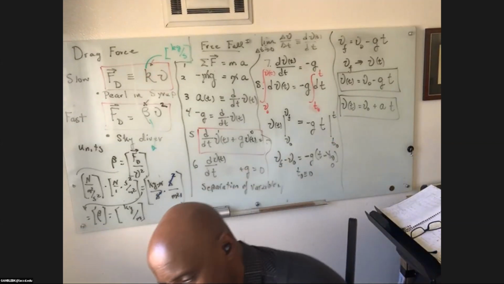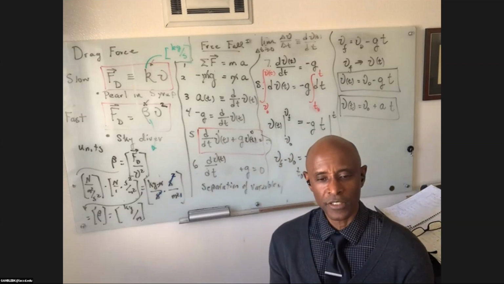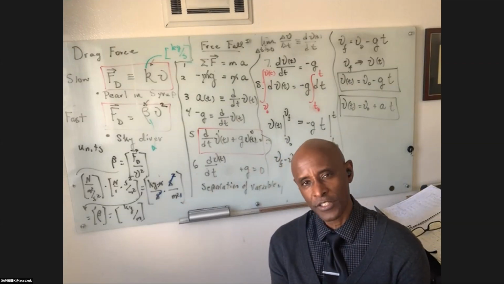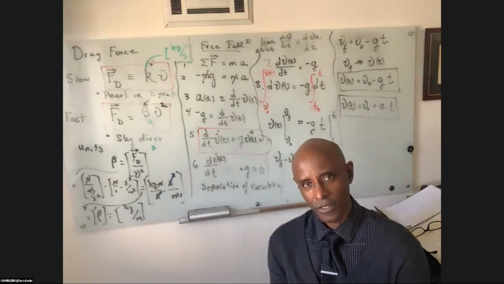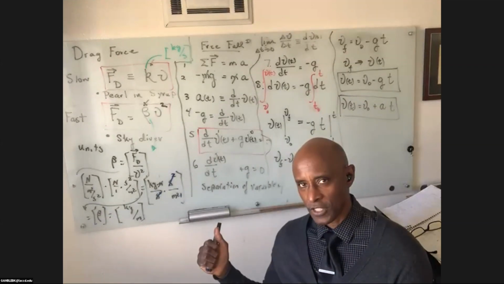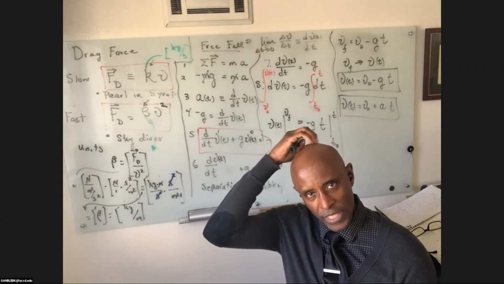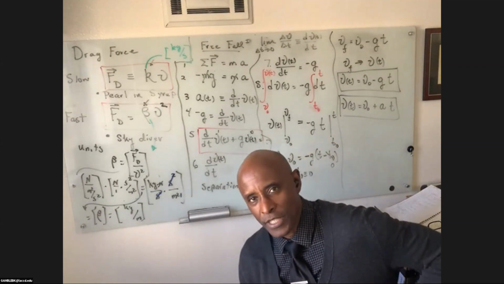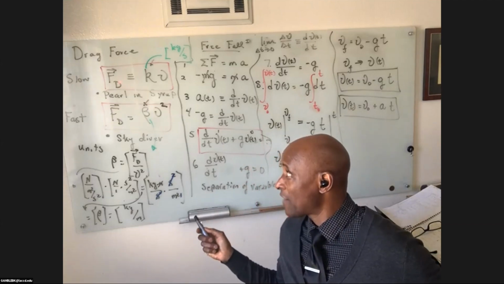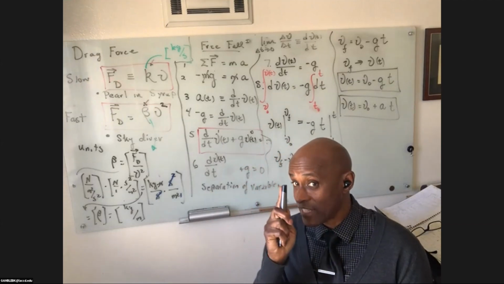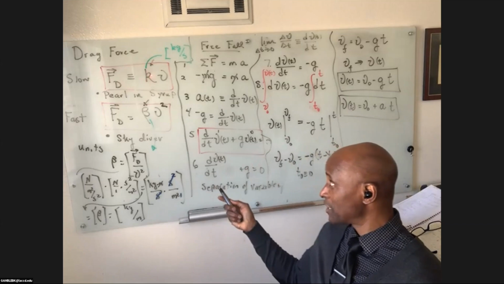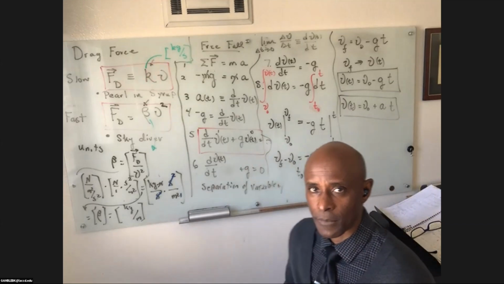What is the motion as the object falls? We know there's acceleration going on, but I'll give you a hint. Something is happening to the acceleration if we have a drag force that is not constant, but changes as the object speeds up.